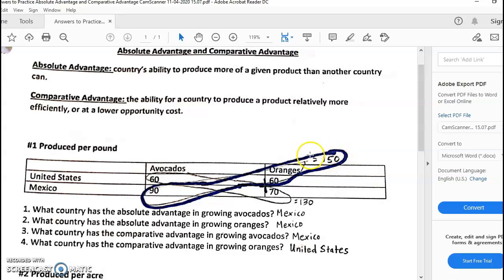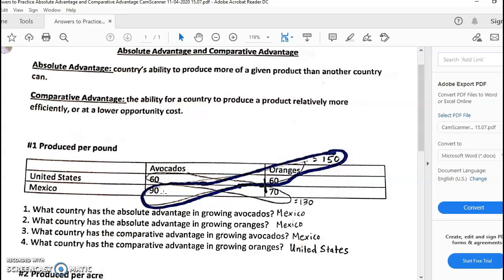So I even circled this in a dark blue color here, just so that you guys can visualize this. But when we look at this, number 3, what country has a comparative advantage in growing avocados? Well, when we look at the combination of 90 plus 60, that 90 is circled here, and who is producing the 90 avocados?